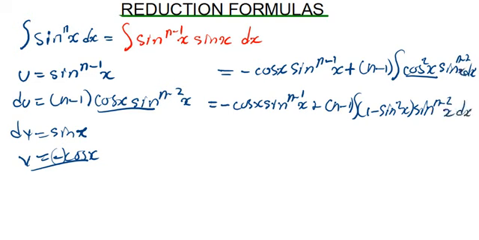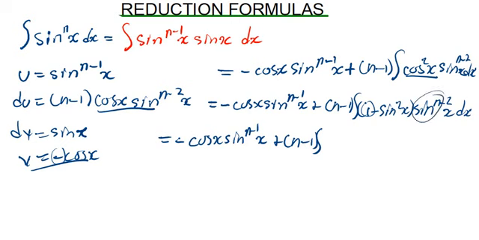Okay, so what do we have? If we distribute that, you're going to have minus cos x sine n minus 1 of x plus n minus 1, then the integral of 1 multiplied by what we have here, sine n minus 2. Then the other term multiplied by what we have here, of course you're going to have a minus, and since the bases are the same, we add the powers, that is n minus 2 plus 2, which becomes sine n of x dx.